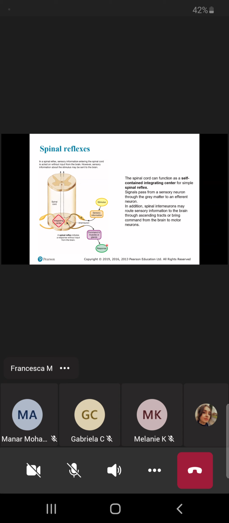So we have the ascending division that regulates the movement of information to the brain, and the efferent division that regulates the output that comes from the brain to downstream organs, regulating the skeletal muscle functions. So this is what you should know about the spinal cord.